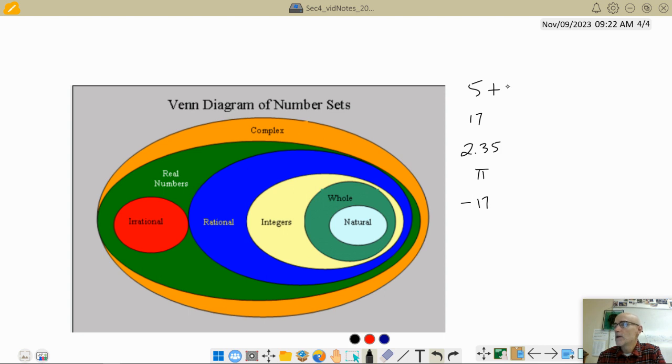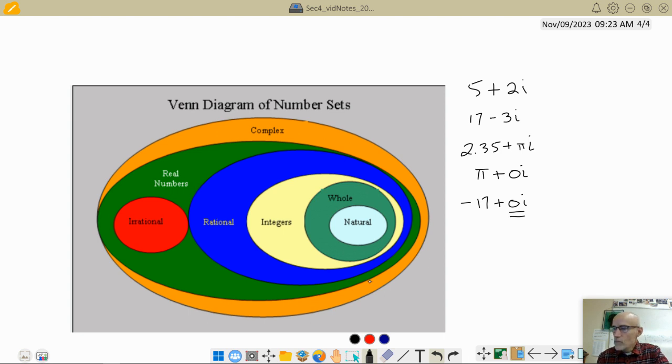So it might be 5 plus 2i, or it might be 17 minus 3i, or it might be 2.35 plus pi i, or it might be pi plus 0i, or it might be -17 plus 0i. So look, if there's no imaginary part, 0 is the coefficient in front of the i, then we could think about it as just a real number. So in a sense, every real number could be written as a complex number. You just put 0i after it. That's why the real numbers are inside the complex set, right? See that circle in the Venn diagram goes around the real numbers.